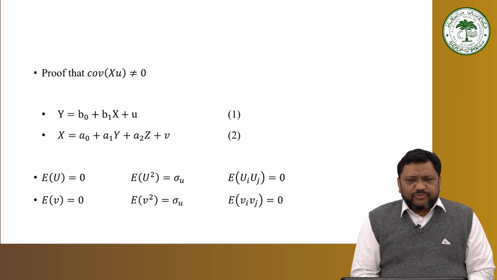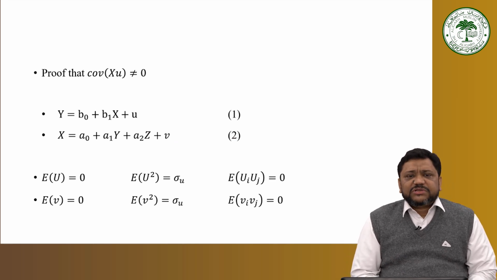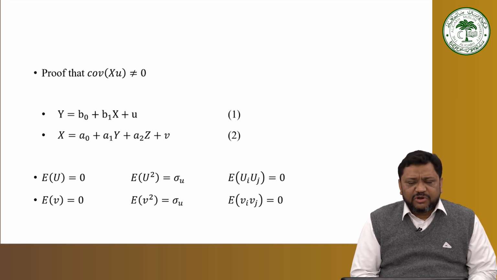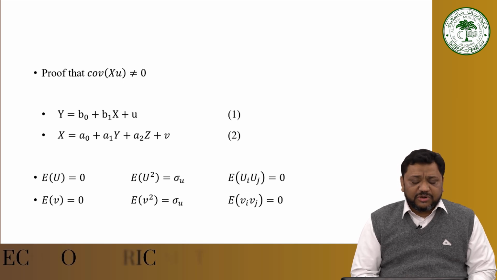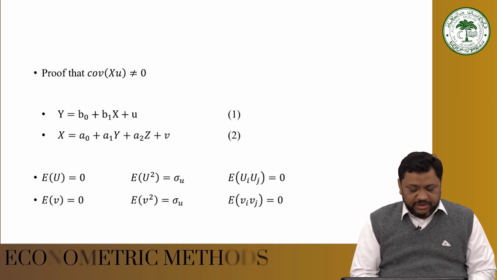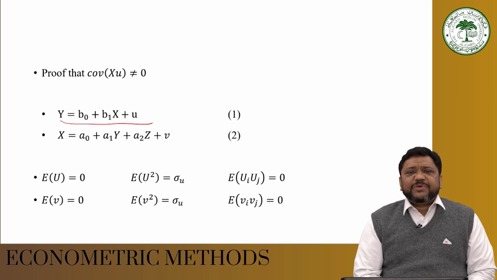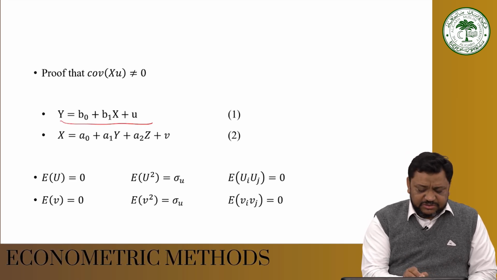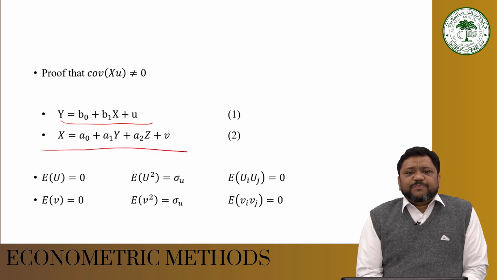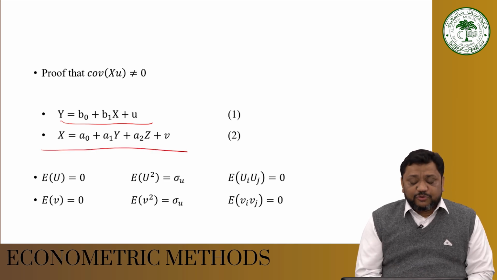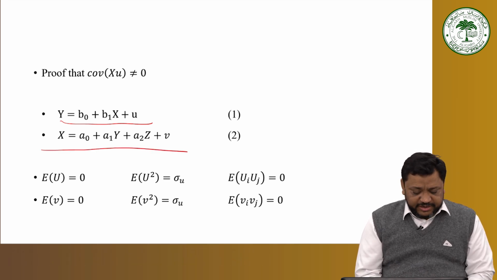We give a quick proof of how the covariance of X and U, that is the independent variable or the explanatory variable over here, is related with your error term. So let us take an equation Y is equal to B naught plus B1X and X is equal to A naught plus A1Y plus A2Z plus V. V is the error term.